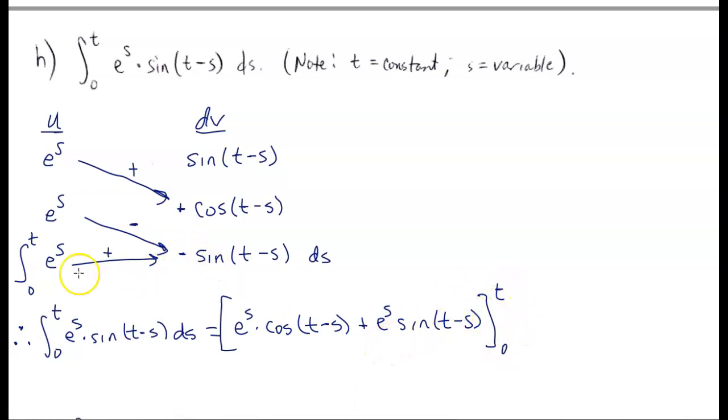Now, for this last term, since we're going to terminate the amount of terms that we write with this last one here, of course, we have plus here, but we got plus a minus. So it's going to be minus here, integral from 0 to t, and it's going to be e raised to the s times sine of t minus s ds.